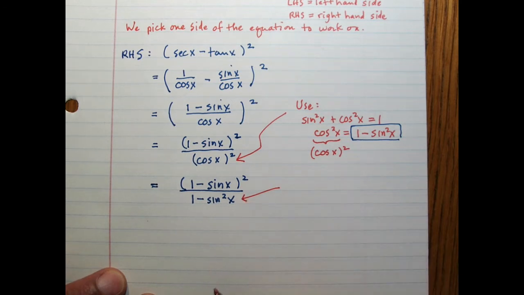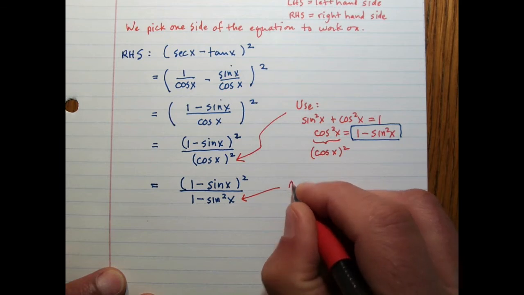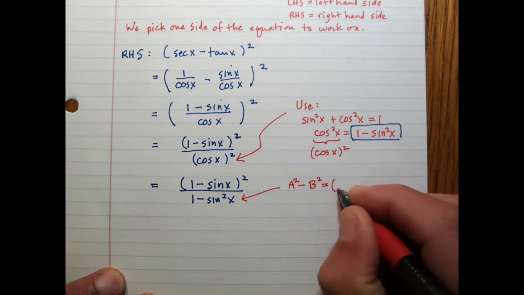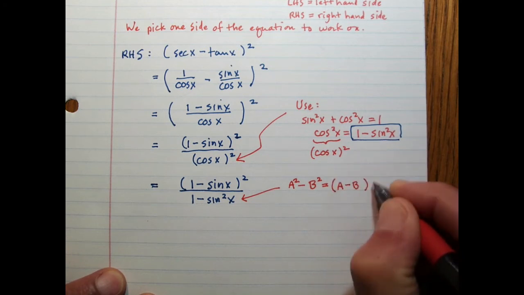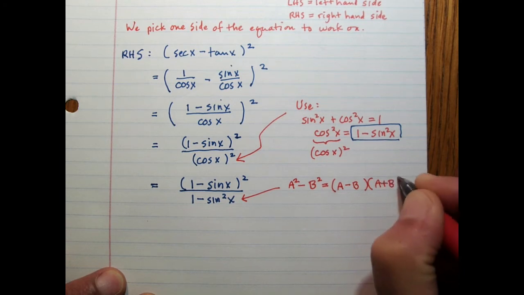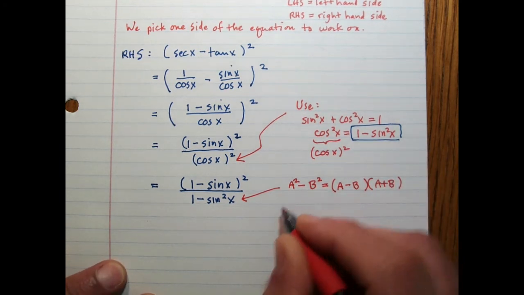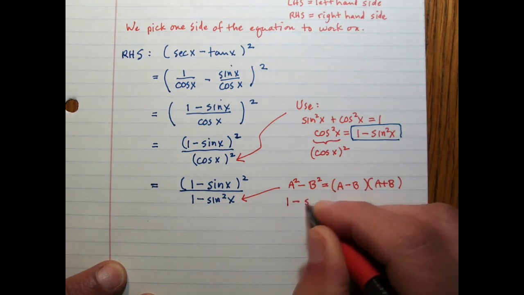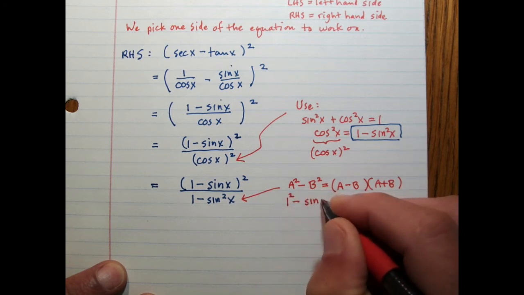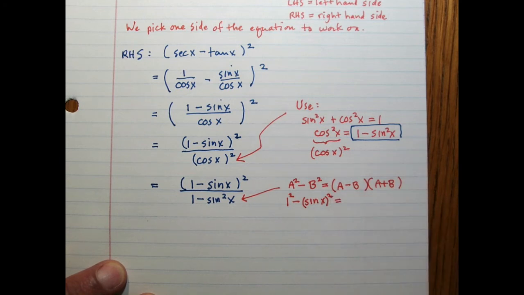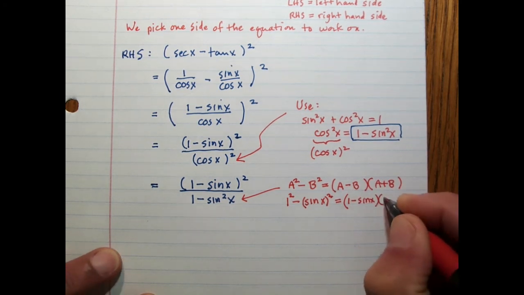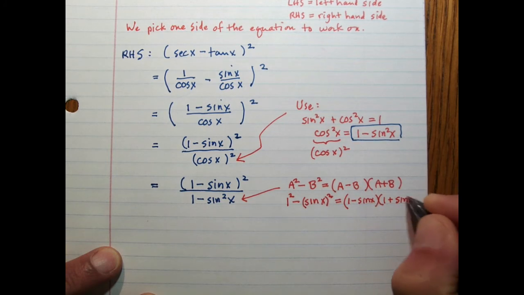This 1 minus sine squared x really has the form a squared minus b squared, a difference of squares. And we know that form factors as a minus b times a plus b. So this 1 minus sine squared x can be thought of as 1 squared minus sine x squared, which will factor as 1 minus sine x times 1 plus sine x.